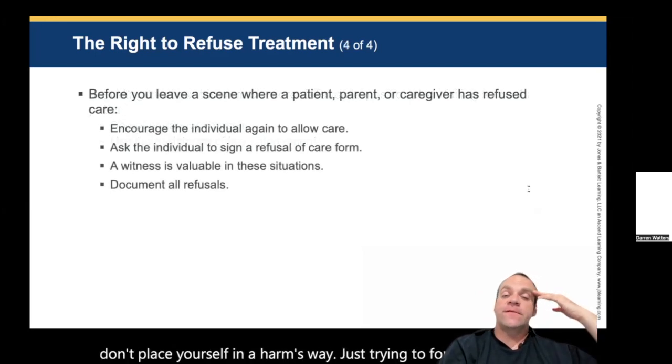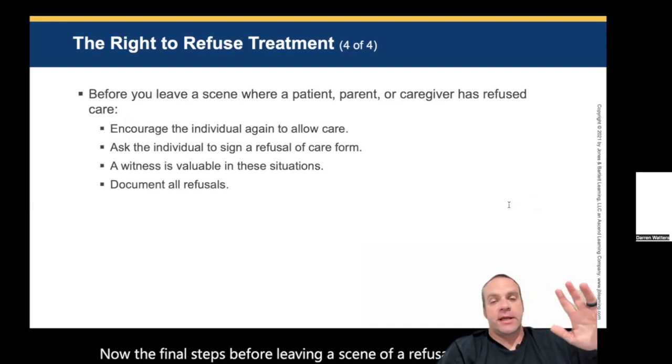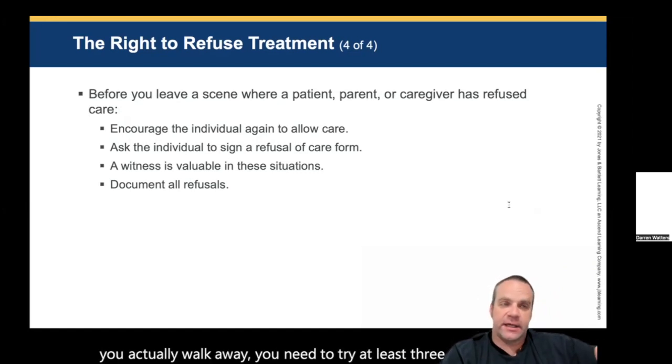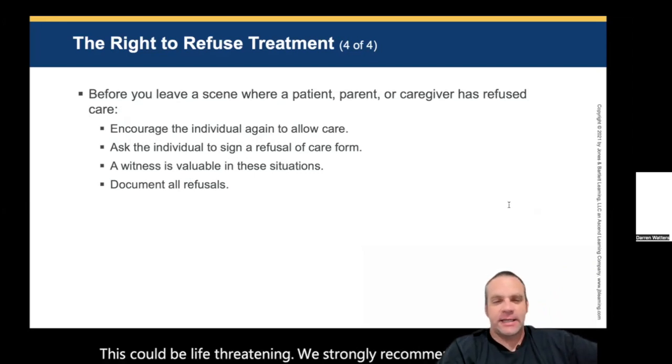Now, the final steps before leaving the scene of a refusal, before you actually walk away: you need to try at least 3 times to convince the patient to accept care. Explain the consequences. This could be life-threatening. We strongly recommend you go to the hospital. Something as simple as that.